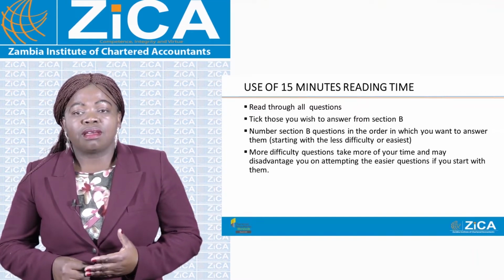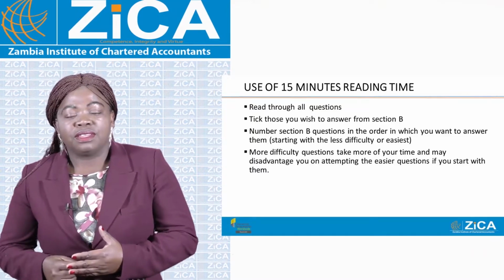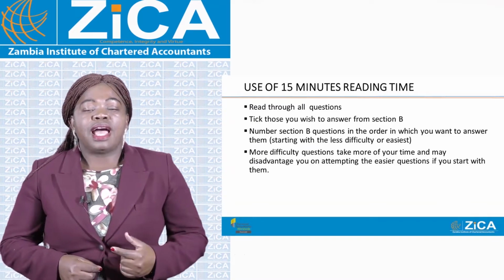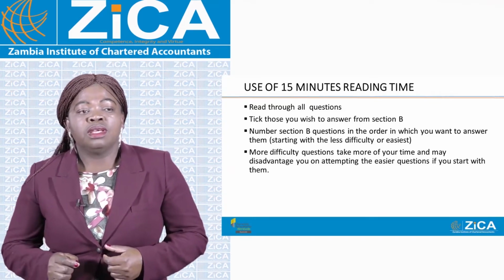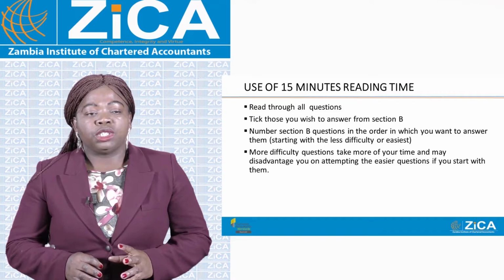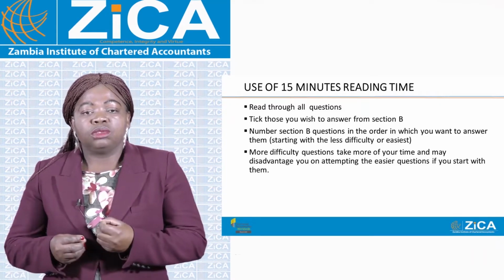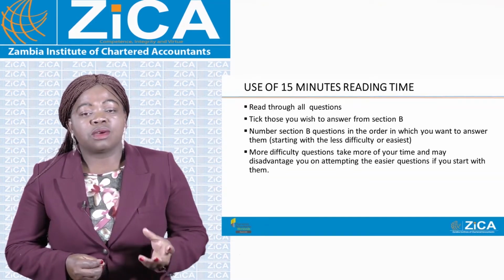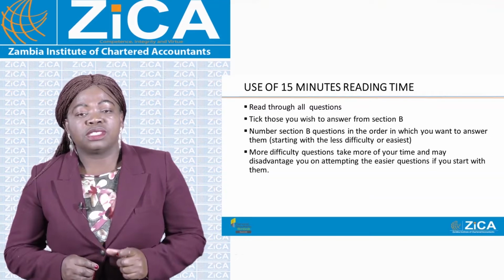This order should be determined by how you think one question is easier than the other. So if I think that question 3 is easier than question 5 that I'm opting for, then I must label question 3 as 1, question 5 as 2. When you do that, you avoid the pressure of trying to choose which question to answer next after the compulsory questions during the writing time. You could have saved yourself a lot of time.